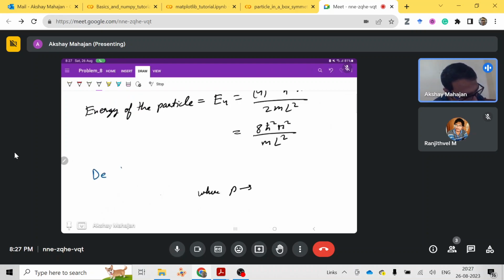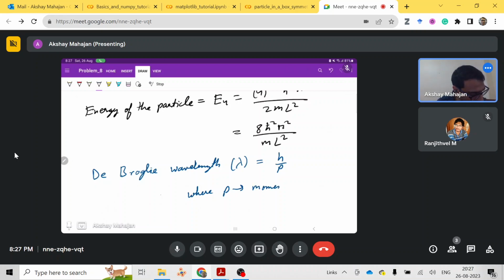This is the definition of de Broglie wavelength: if I represent it by lambda, it is equal to h upon p, where p is the momentum of the particle.